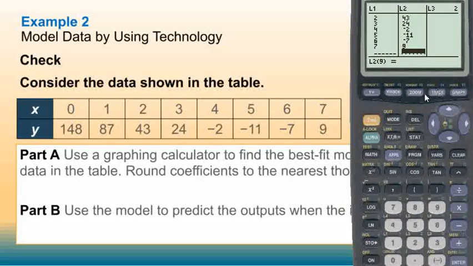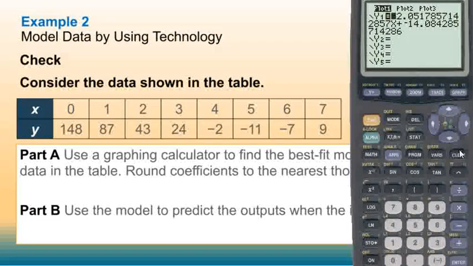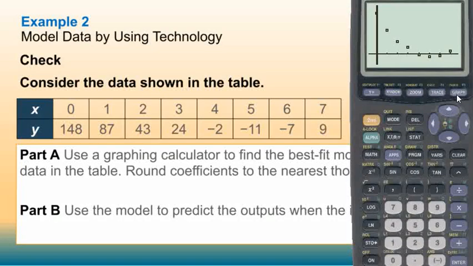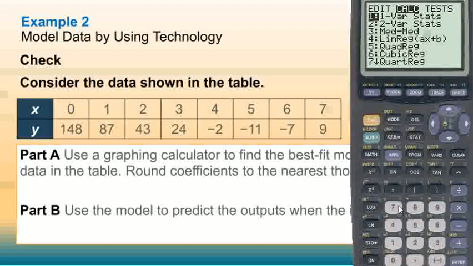Now if we zoom number 9, I'm going to get rid of my equation here. Now this one looks like it could be quadratic for that one. So let's do the quadratic regression. So stats calculates quadratic is number 5.